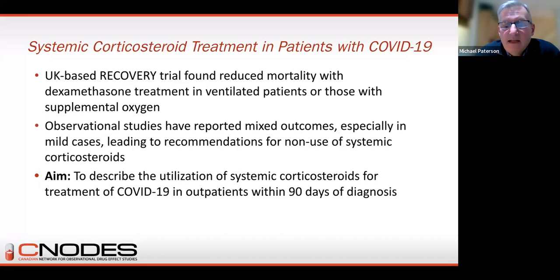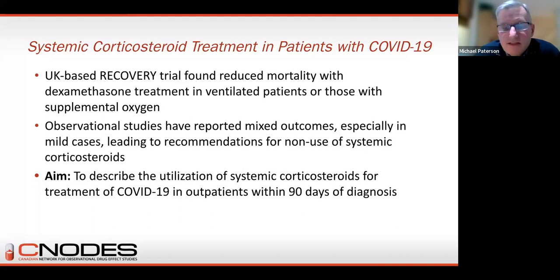The second study was a study that grew out of the UK-based recovery trial, which some of you may be familiar with. And it showed that hospitalized patients who received dexamethasone in hospital had improved mortality rates.